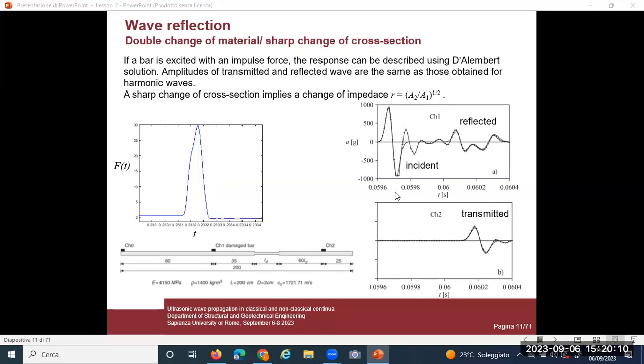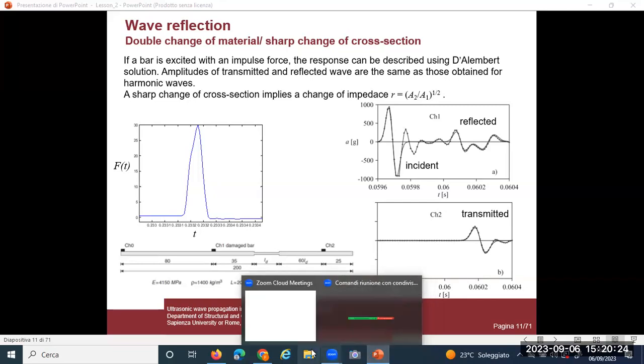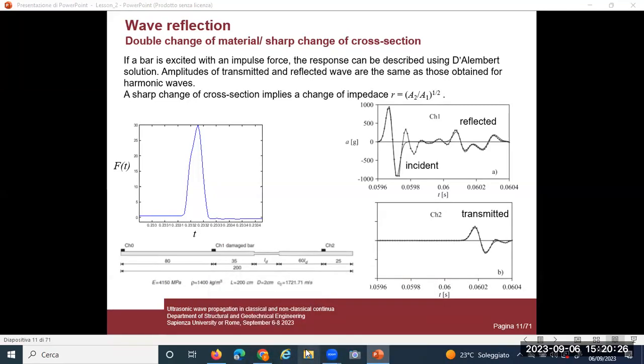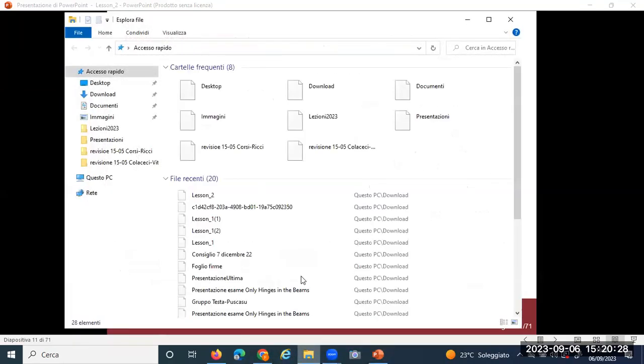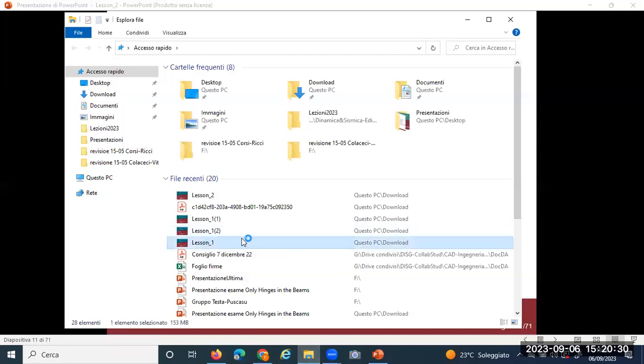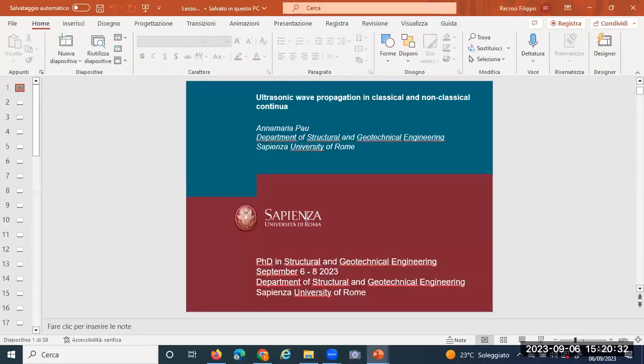But actually the equation of motion for bars, for instance, also accepts a solution which is called the D'Alembert solution, which is a solution that is made like that. Just let me open lesson 1, which is here.